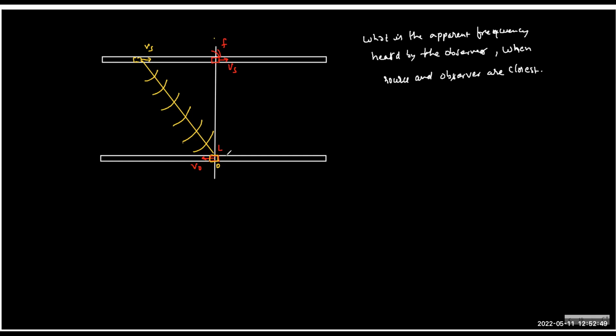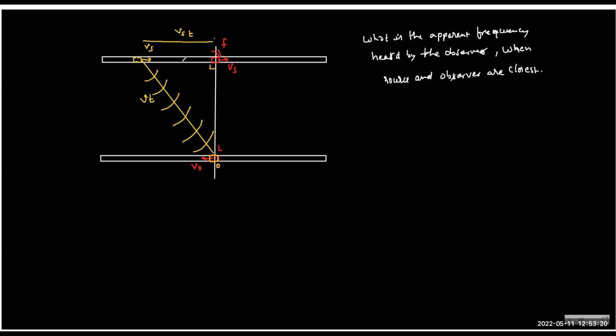So if you're listening right now to something, it means the sound was emitted some time back, which took some time to reach you. So if the speed of sound is v, in time t you travel from here to here, and in the same time the sound must have traveled from there to there. That's why the events occurred simultaneously.